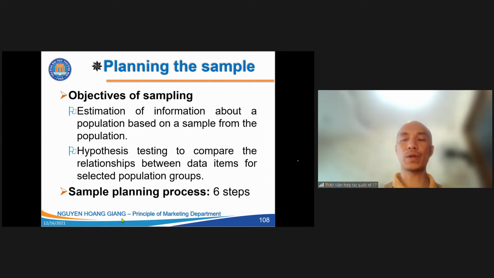the way we choose, as we mentioned in your group work, or most of the group work. Normally for students, because we lack abilities and we don't have money, we don't have time, so normally for your research, you choose the wrong way to do the sample.